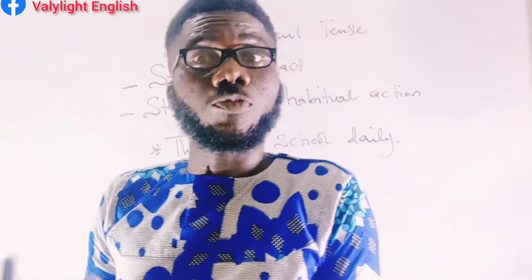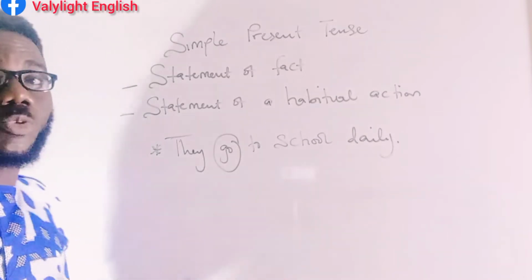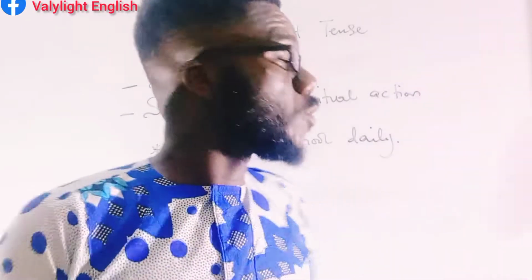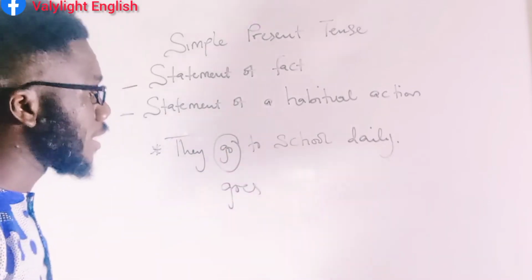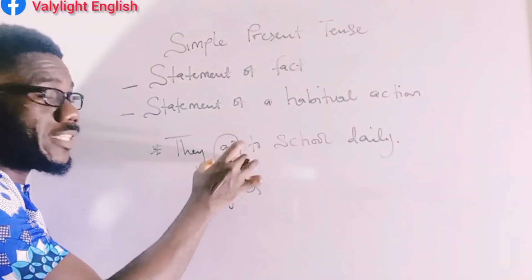It is in its root form when the subject of the sentence is plural, and then you add s to it when the subject is singular. Remember that we have the singular verbs and the plural verbs. Goes instead of go is the singular form of the same word, whereas go is the plural.